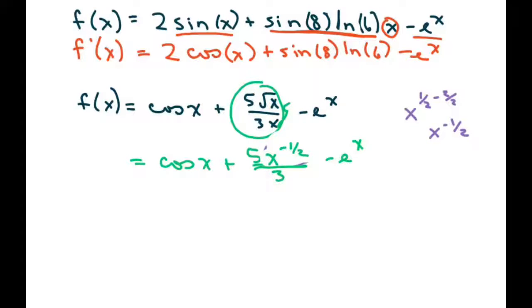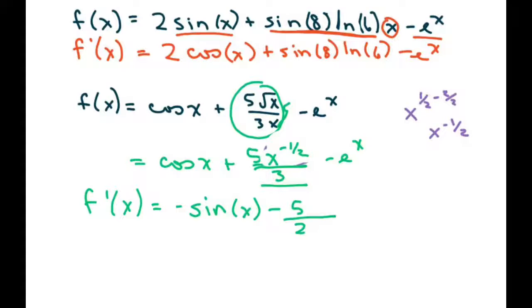So here we go. We're going to take the derivative of this. The derivative of cosine is negative sine of x. And now we're going to take the derivative of that. So that's going to be negative 1 times 5 is 1/2, so it's going to be 5 over 2. And we still have the 3 here.